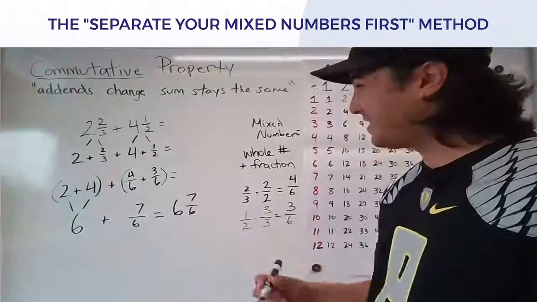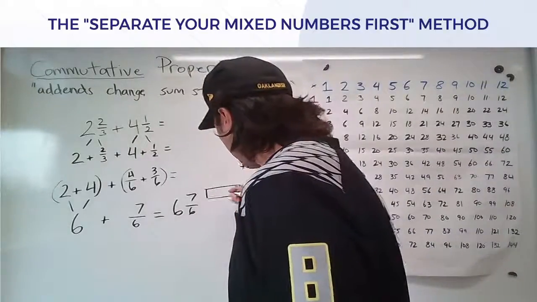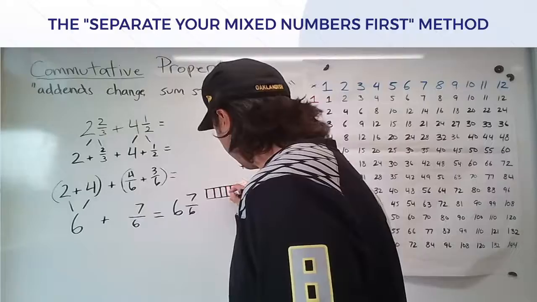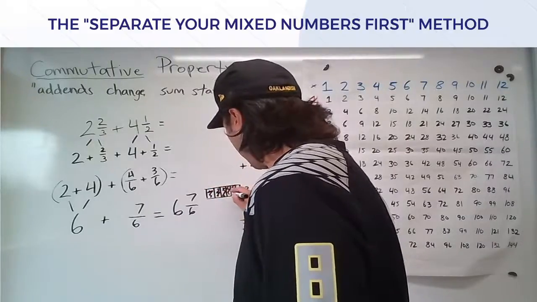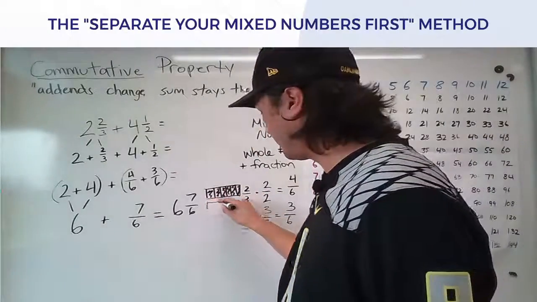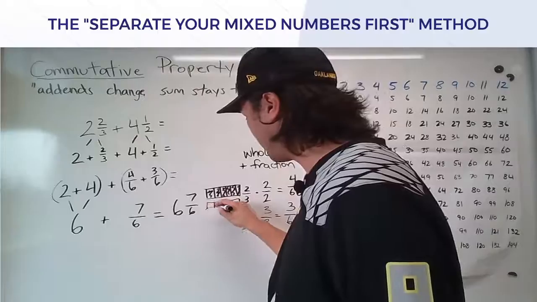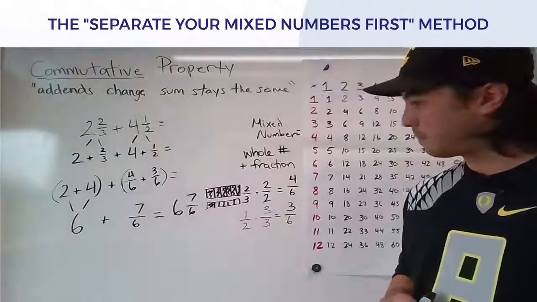If we have 7 sixths, if I were to draw this out, divide up into sixths, 1, 2, 3, 4, 5, 6 sixths, and I've got that 7th sixth left over.